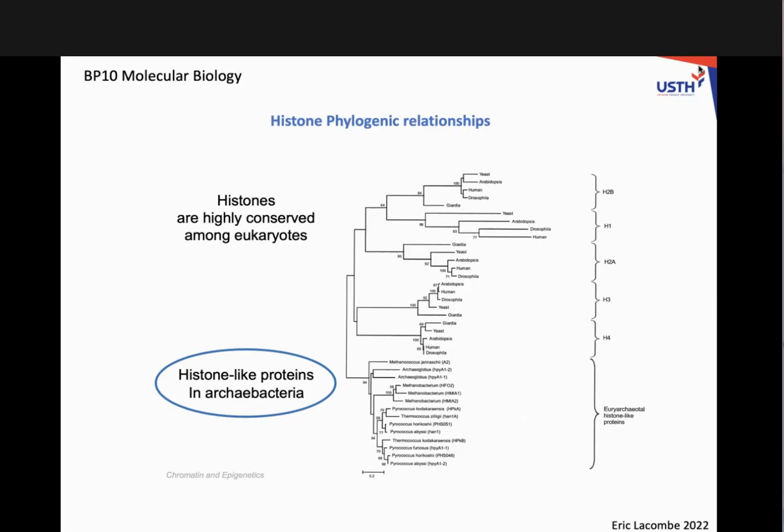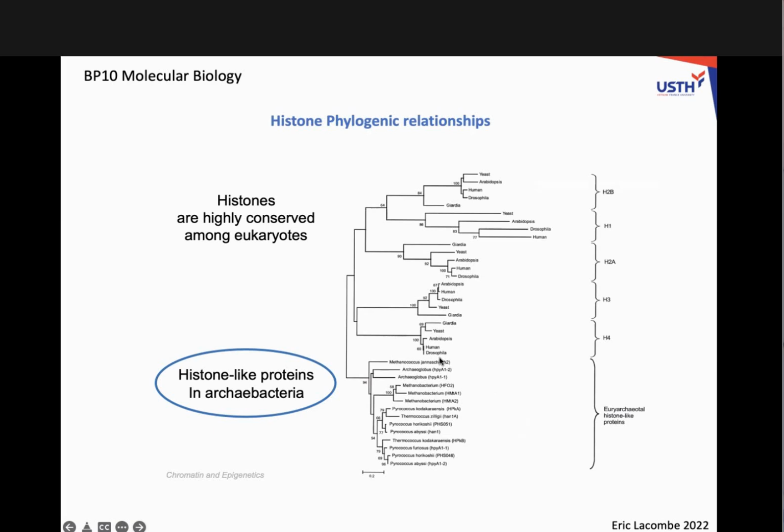But what has been found, if you see this phylogenetic tree, is that in prokaryotes, we don't have histones. Okay, that's clear. We don't have proper histones because there is no nuclei, there is no proper isolated chromosome.